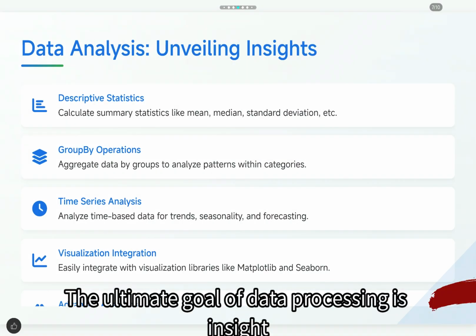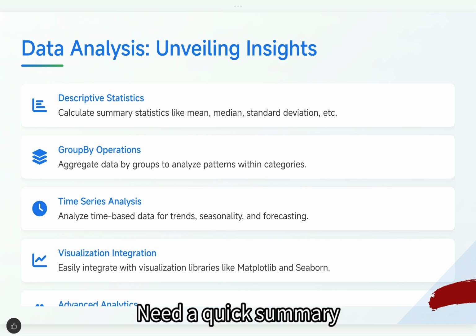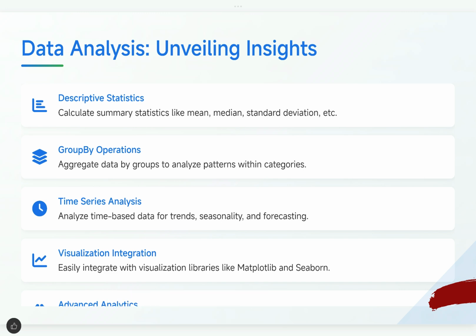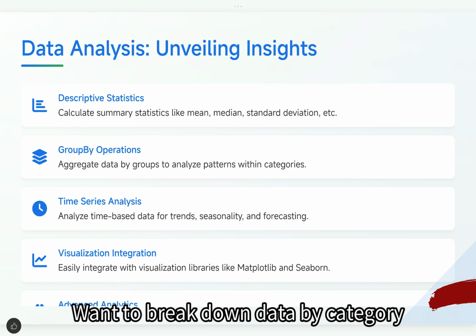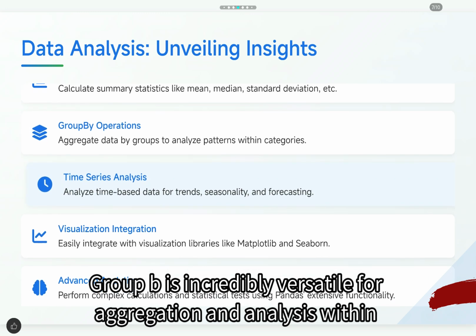The ultimate goal of data processing is insight. Pandas provides powerful analytical capabilities right out of the box. Need a quick summary? describe gives you descriptive statistics. Want to break down data by category? groupby is incredibly versatile for aggregation and analysis within groups.